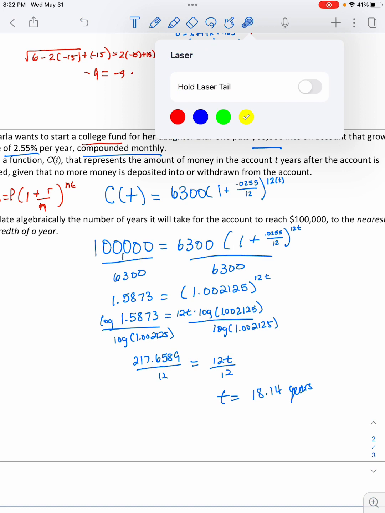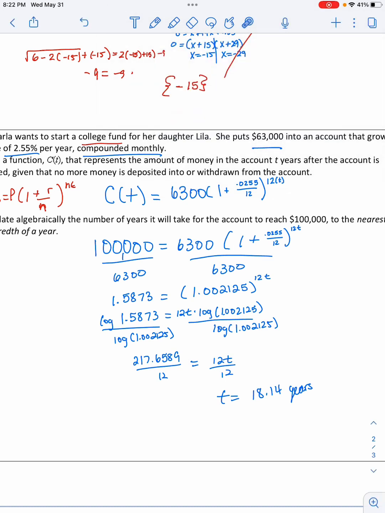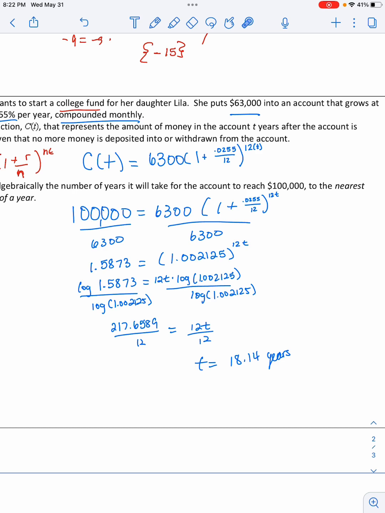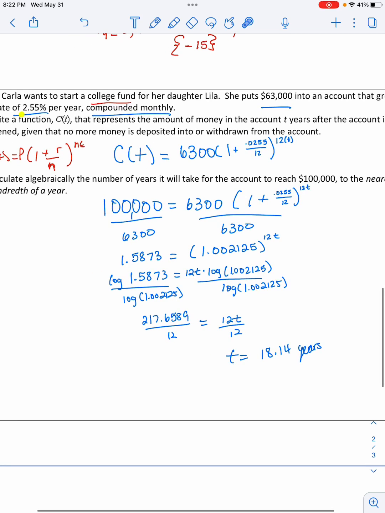So we can see here, we're just substituting in our values. 12 because it's compounded monthly, there's 12 months in a year. We want to put our percent as a decimal.